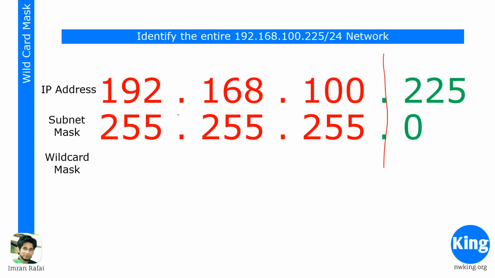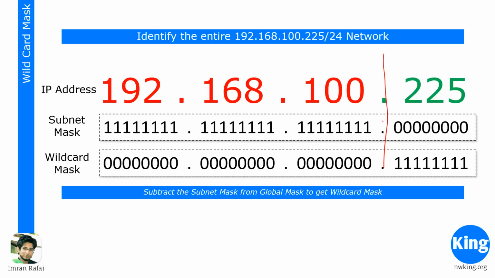So if you get an IP address 192.168.100.225 with a subnet mask of 255.255.255.0, now this subnet mask helped us know the boundary where the hosts and networks are divided, right? And it helped us do a lot of things.